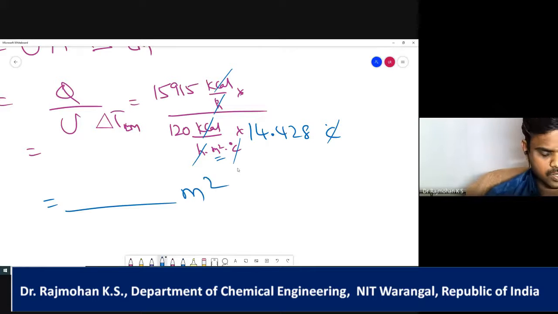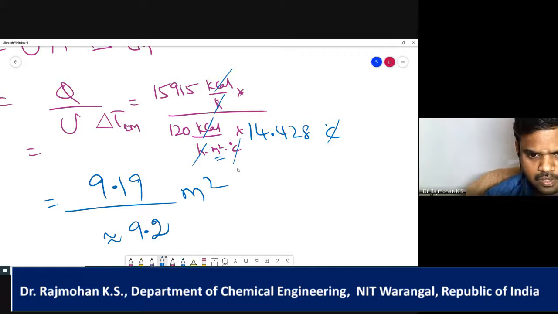So you get this much meter square. What is the value? 15915 divided by 120 divided by 14.428 is equal to 9.19. So almost we get 9.2 meter square as the area.